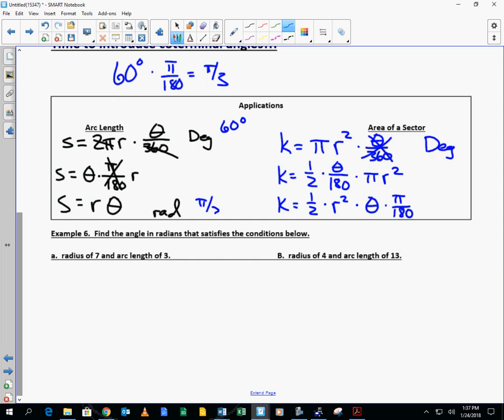But if you put pi over 3, you've used that up, so it goes away. That's your conversion. So here, our pi over 180, that's our conversion, isn't it? So we can get rid of it. It's expressed in radians. And so K is equal to 1/2 r squared theta.